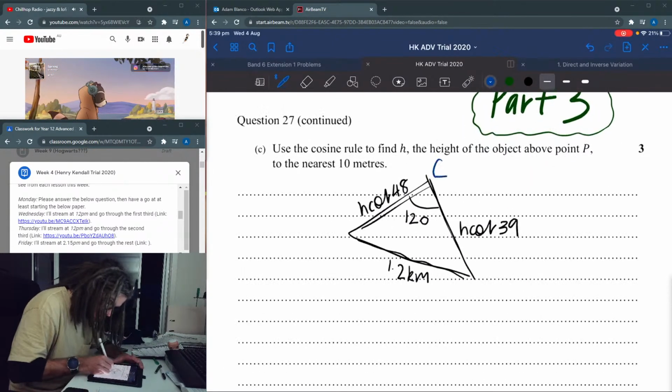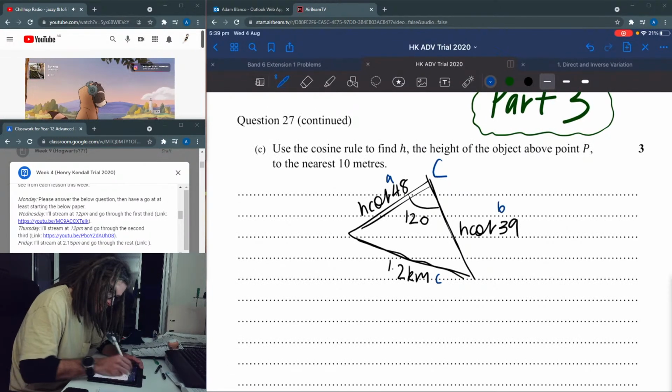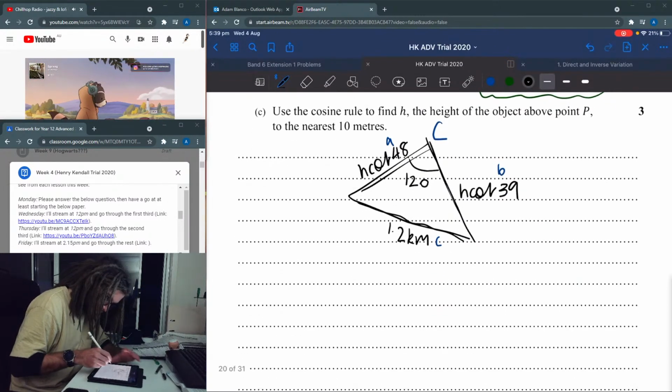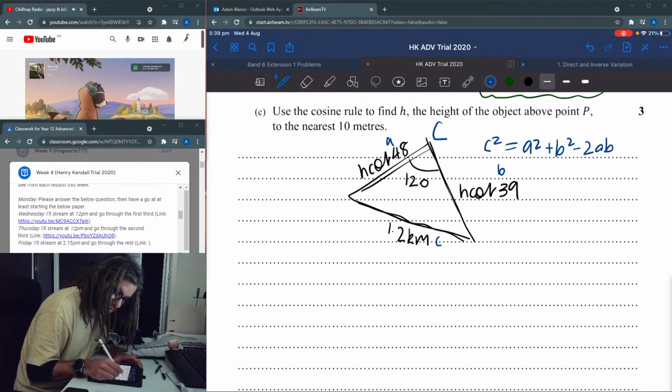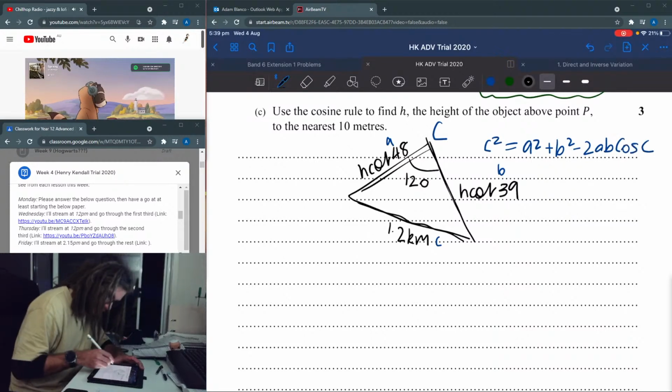So I'm going to call this C, A, B, and then I can use the cosine rule. Remember the cosine rule is c squared equals a squared plus b squared minus 2ab cos C. So I'll start filling it in.